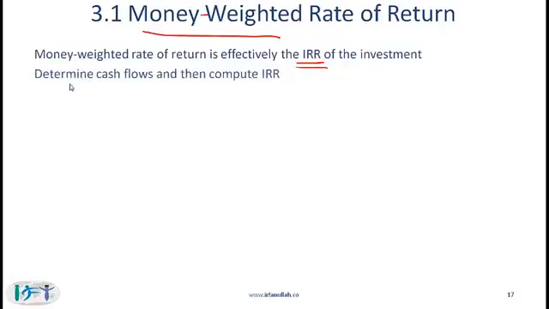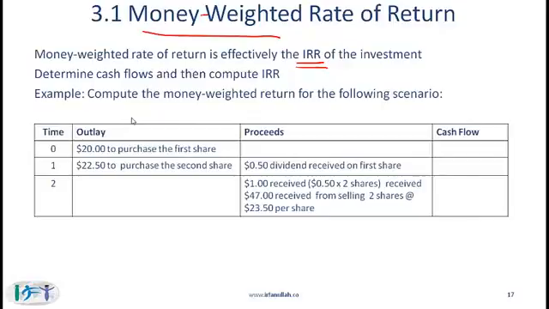So we need to determine the cash flows, which typically would involve investment in the beginning and then hopefully receiving money in the future. So all we need to do is input the cash flows into our calculator and compute the IRR. Consider a very simple scenario where at time 0 you buy a stock for $20.